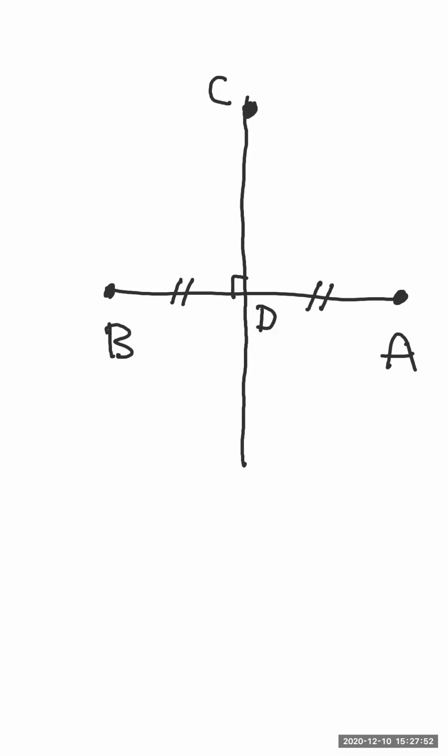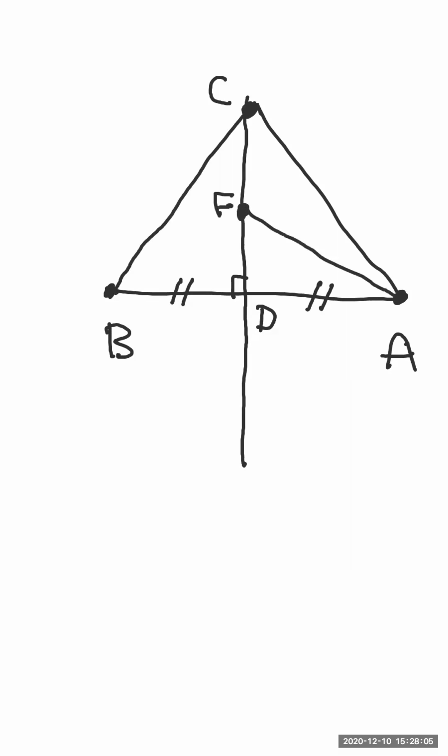Like if there is point C here, CD is the axis of symmetry, so CA equals CB. If there is one more point here, F, then FA equals FB, and so on. This one equals this one, and this one equals this one. So any point that lies on the axis of symmetry is at the same distance from its terminals.